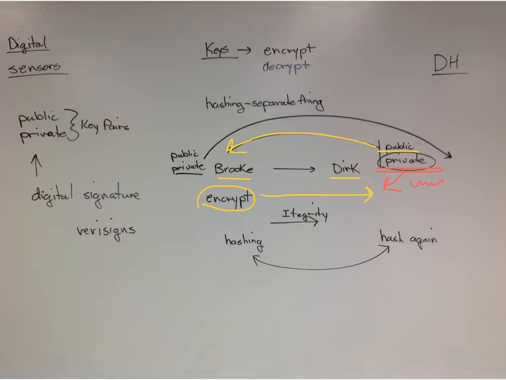The next step, let's use a different color. Next step then, we can take the message and hash it, send the hash over with the message, so they decrypt the message, and then they can hash it, okay?